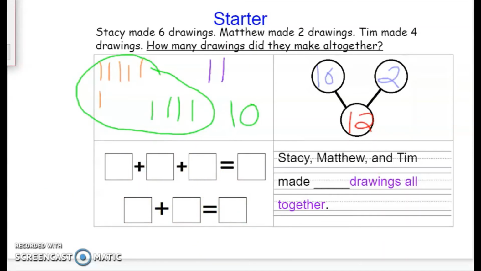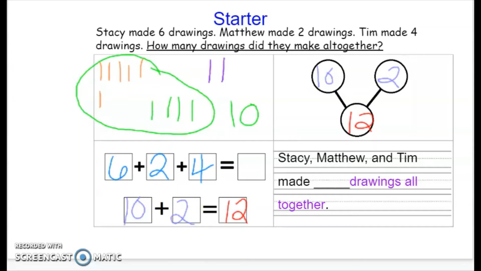We are going to start with our original number sentence that they gave us, which was 6 to represent Stacy, 2 to represent Matthew, and 4 to represent Tim. Now, our new number sentence that we regrouped is 10 and 2, which we know equals 12.